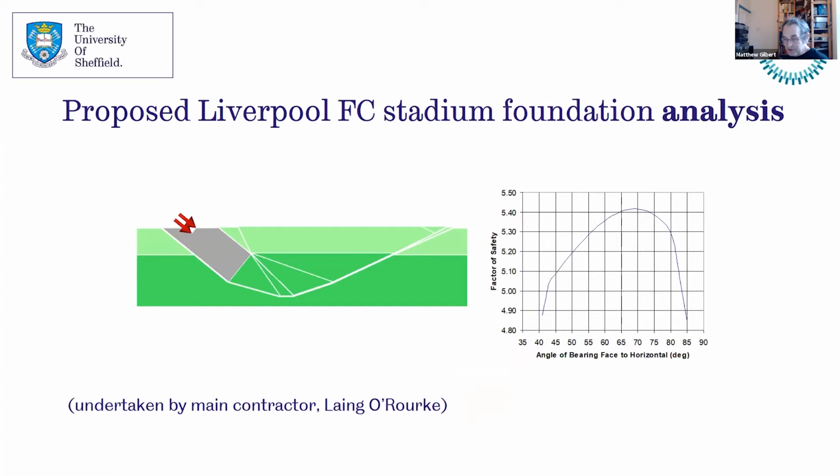So what happened was that the contractor, Laing O'Rourke, were the very first customer for the LimitState:GEO software. LimitState is a spin-out company from the University of Sheffield. And they bought the software, and in a matter of 2 hours, they were able to do a full parametric study looking at the influence of the factor of safety on the angle of the foundation to the horizontal.